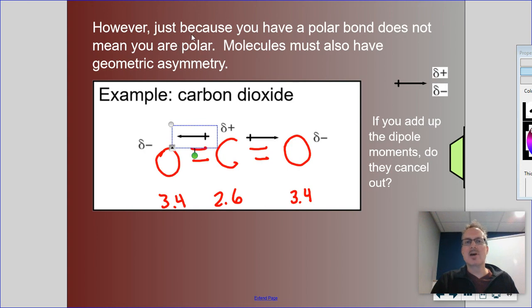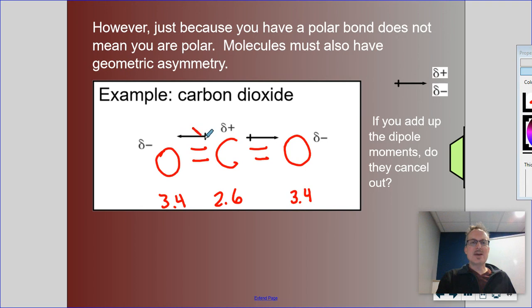So it says at the top, however, just because you have a polar bond does not mean you are polar. There are polar bonds in here. But what I want you to notice is they are going to cancel each other out because one is going left, one is going right, and the difference between them are equal. So they're going to cancel each other out.